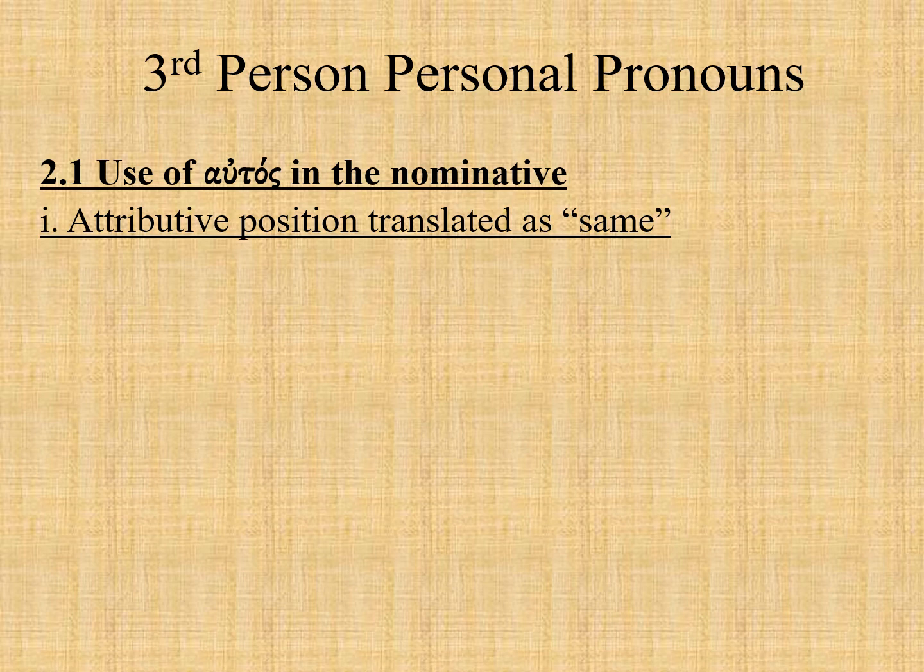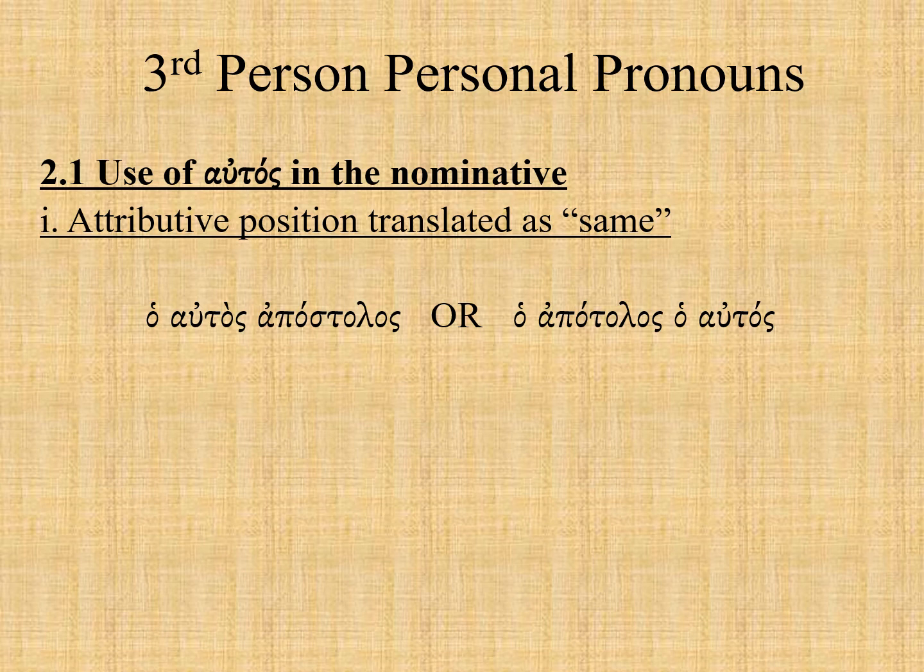When the word autos is in attributive position, it is translated as same, something completely different from the usual meaning he. Let's take an example. Here you can see ho autos apostolos, or it can be ho apostolos ho autos.